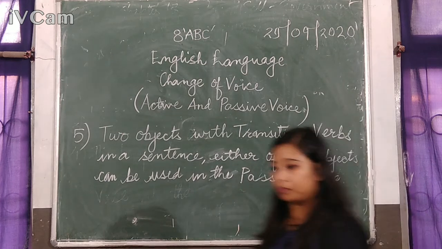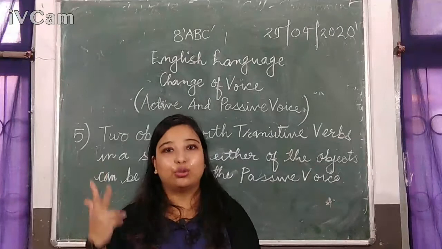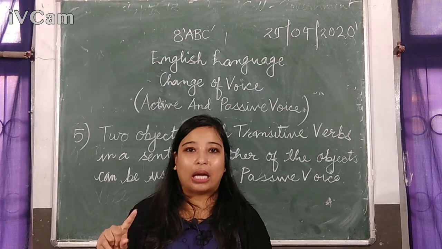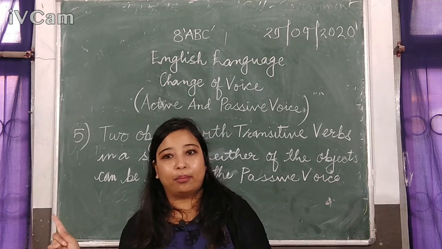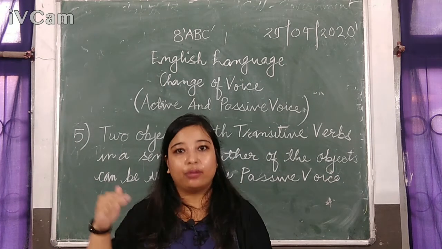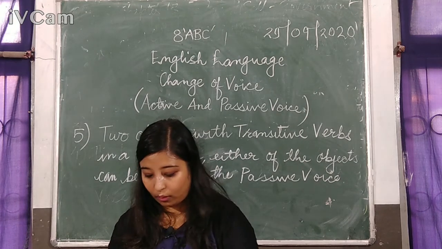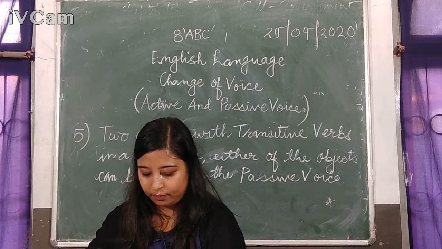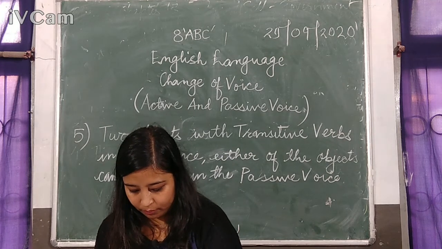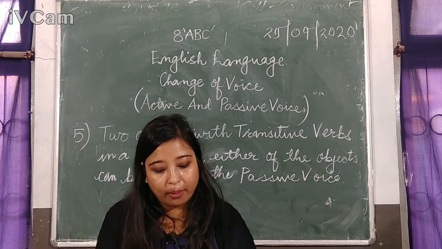Meaning, in I told him a story, him and story are 2 objects, so you can use either of the objects. That is, a story was told to him by me, or, just wait, he was told a story by me.